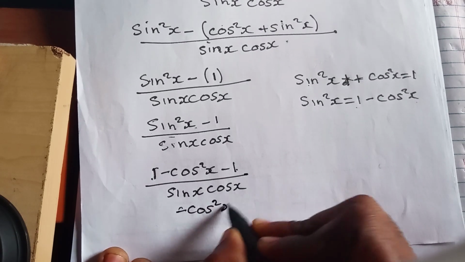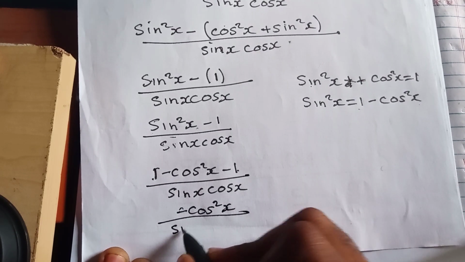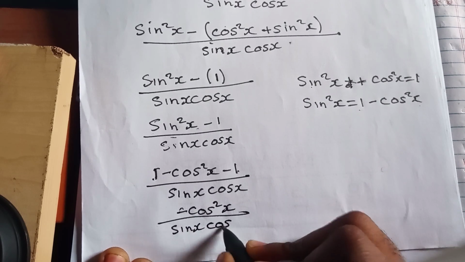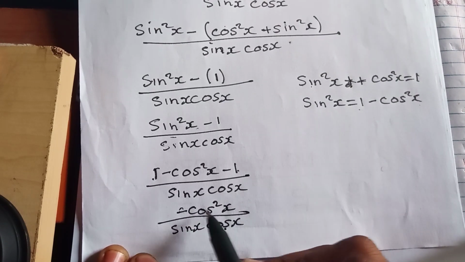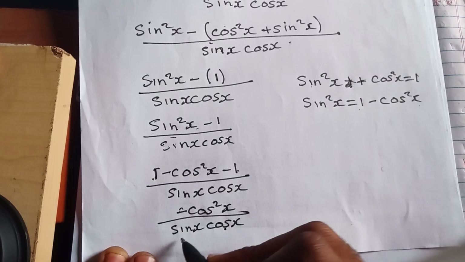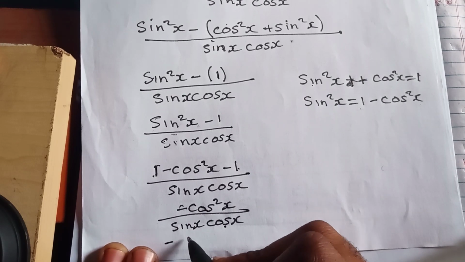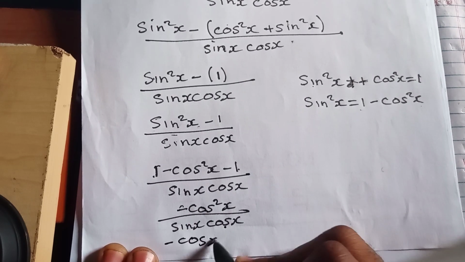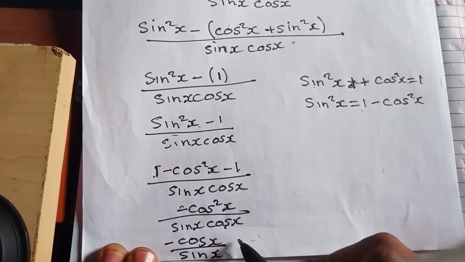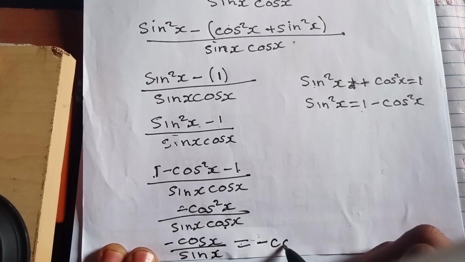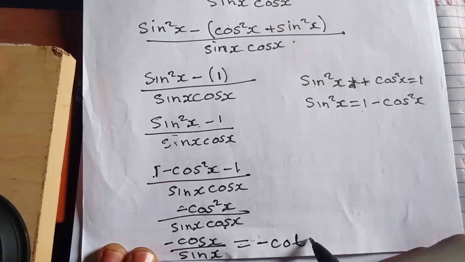So we have −cos²x, everything over sin x cos x. So now this and one of these two will go, so that we remain with negative cos x over sin x, and this is giving us negative cot x.